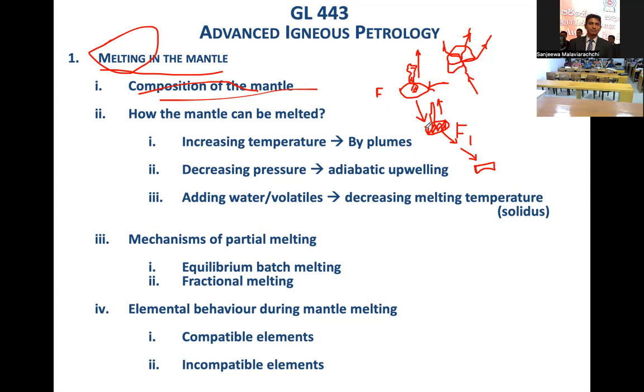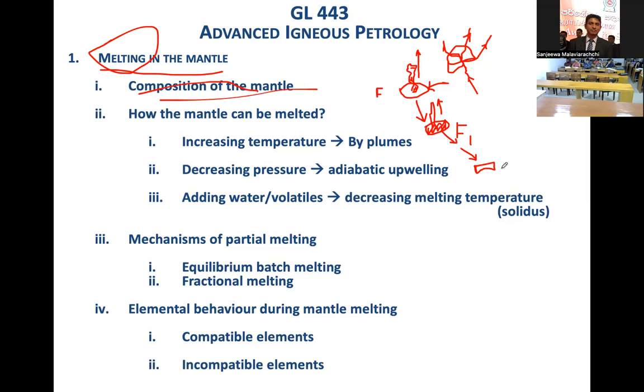That's why we call it partial melting. Only a small proportion is getting melted. And the residue at the first stage will further melt if you input more heat, another maybe 5%, 10%. Likewise, it can keep on melting.